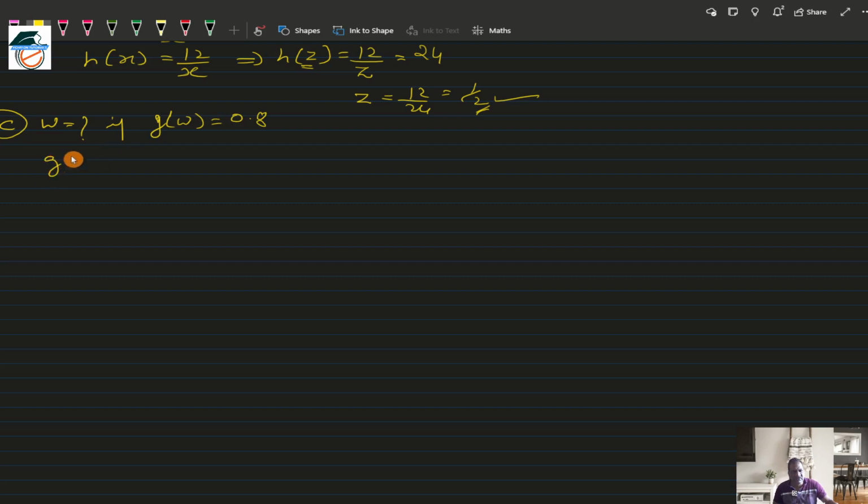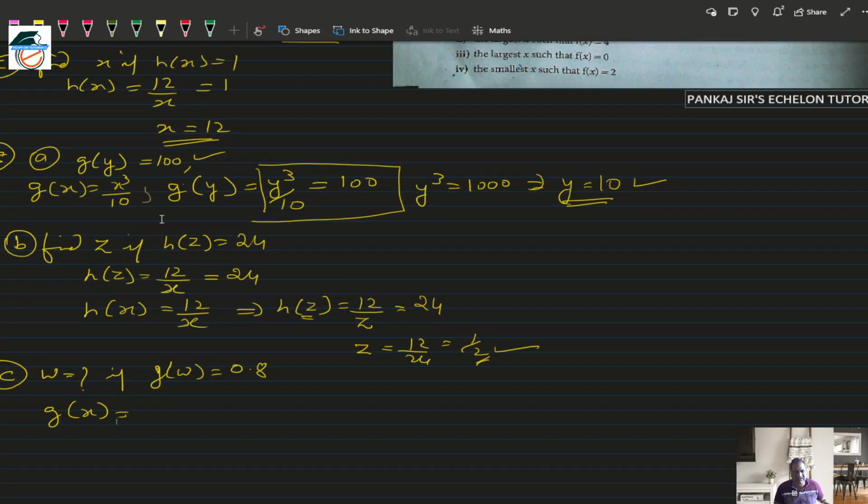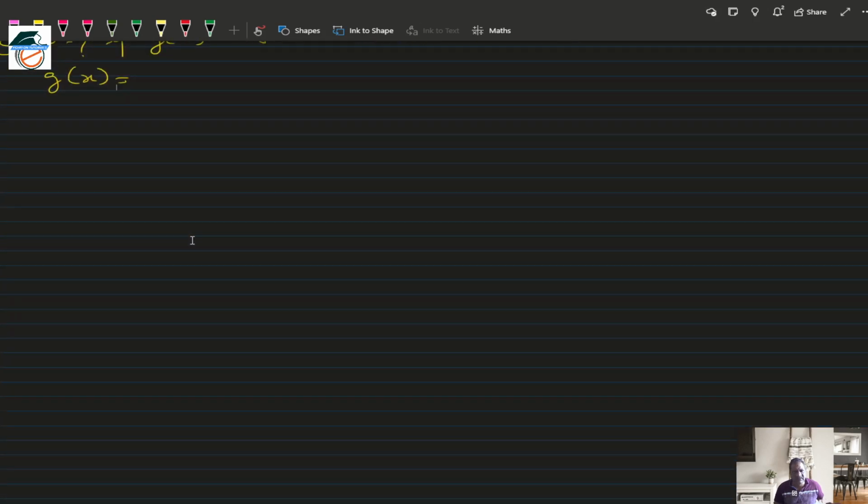Same way, what was our g of x? g of x was x cube upon 10. From this, you will get g of w will be equal to w cube upon 10. And this g of w is given to you as 0.8, isn't it?